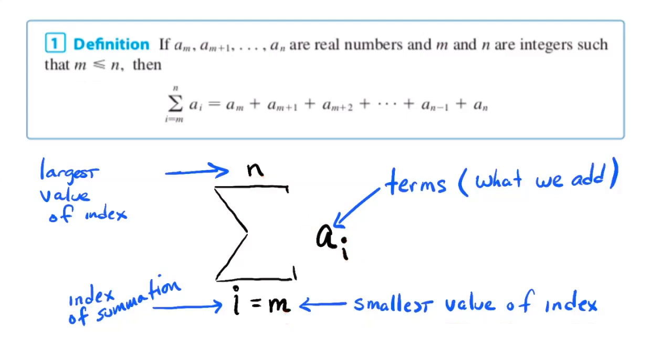If you look up here in the picture, this first term is when the index is m, then the next value is m plus 1, the value after that is m plus 2. So when you're reading these, the index starts at this number, whatever it is, and clicks up one at a time until you get to that number, and you add all the resulting terms. That's what the summation notation means.